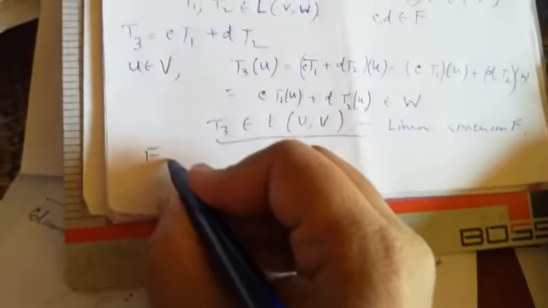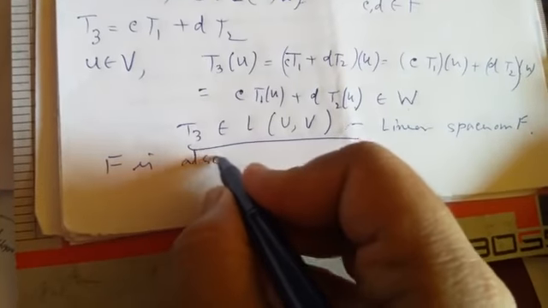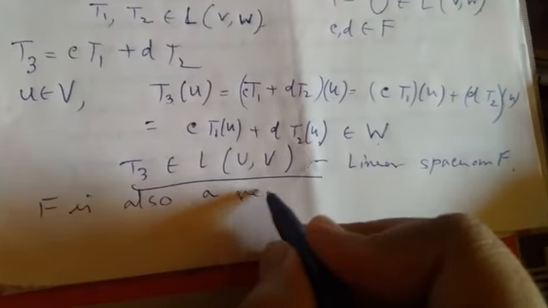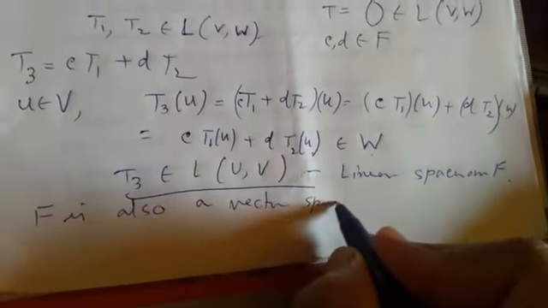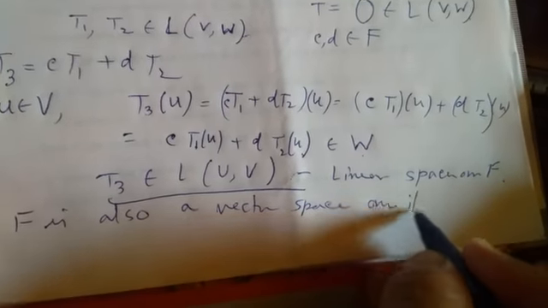Now, given a field F, it is also a vector space over itself.